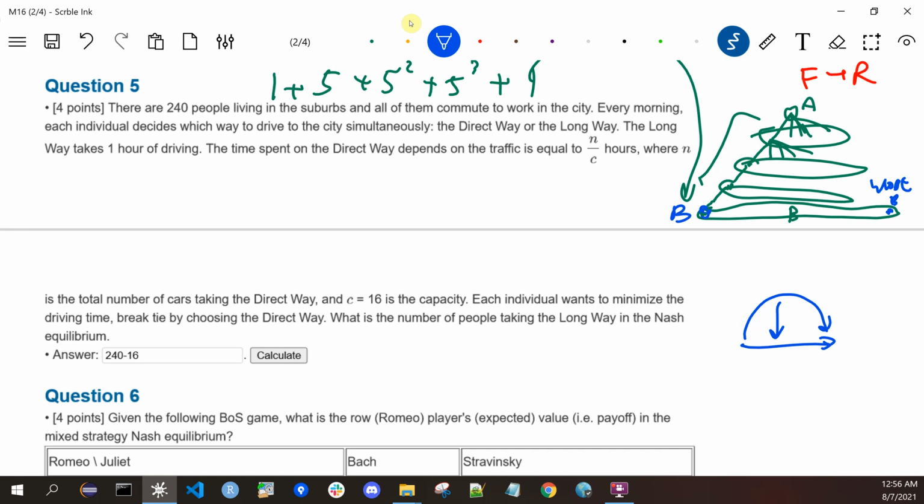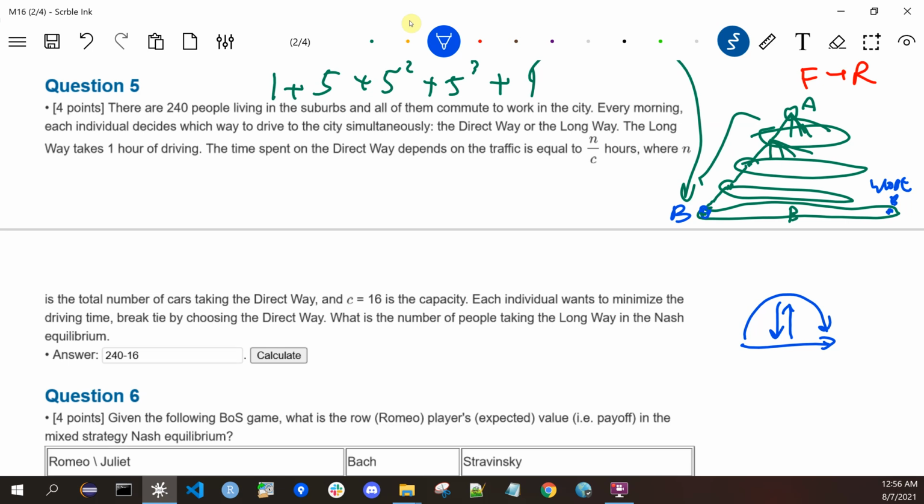And if the direct way takes longer because there are too many people taking it, then some of them will switch to go through the long way, which will take less time. So in equilibrium, the amount of time it takes to go through the direct way and the long way should be the same. So we'll just set this up, and it turns out we can actually solve it to be an integer.